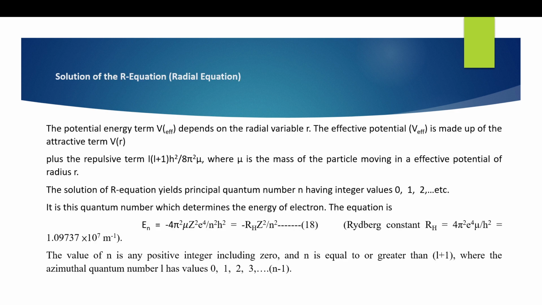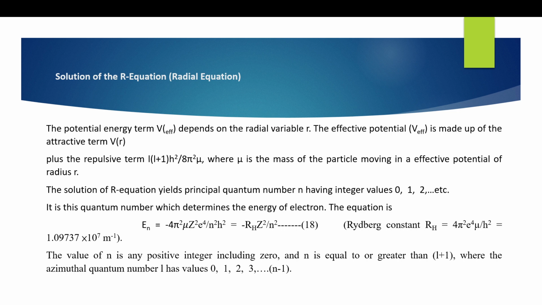Solution of the R equation, the radial equation. The potential energy term depends on the radial variable r. The effective potential is made up of two parts, an attractive part and a repulsive part. The solution of the R equation yields the principal quantum number n having integer values 1, 2, 3, etc. It is this quantum number which determines the energy of the electron.